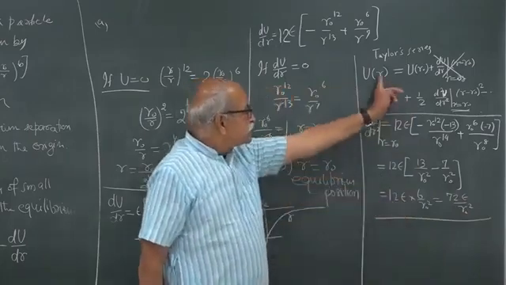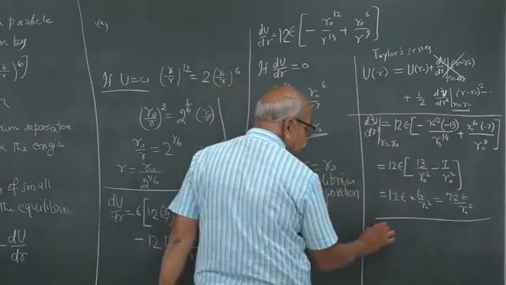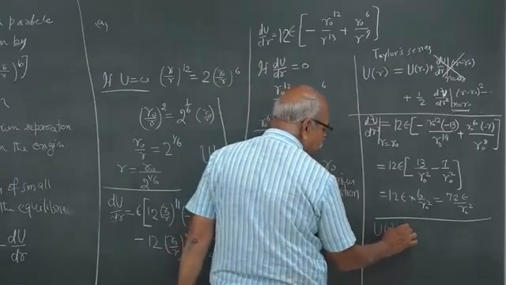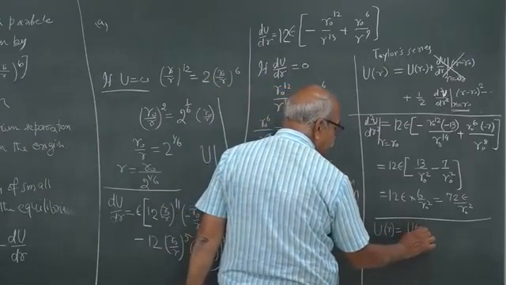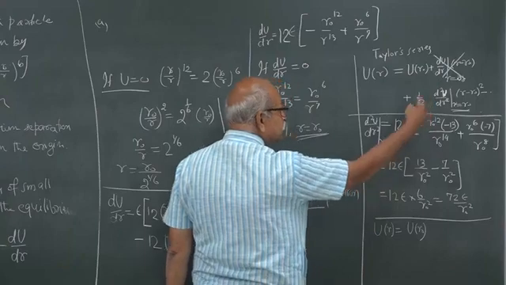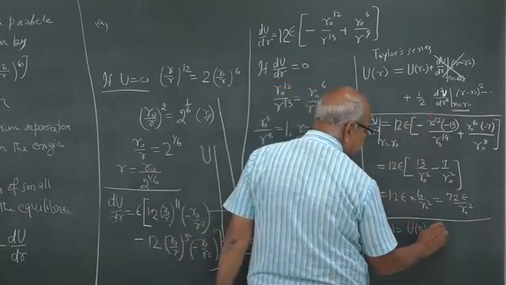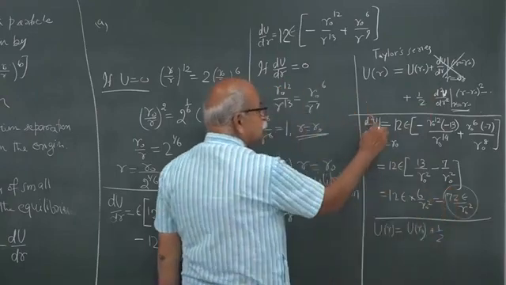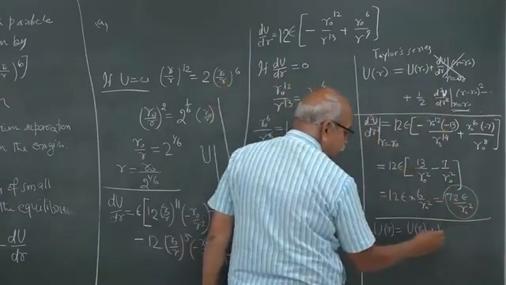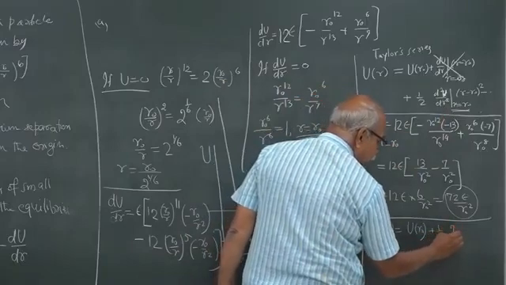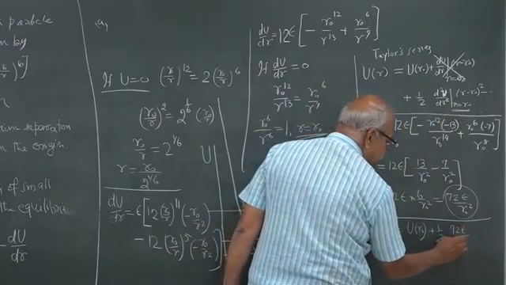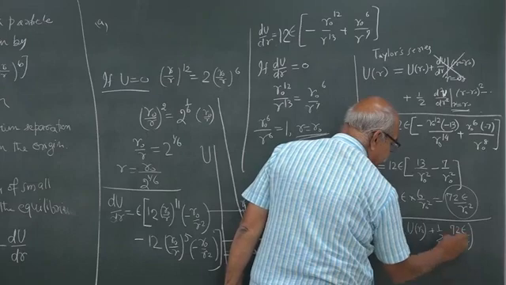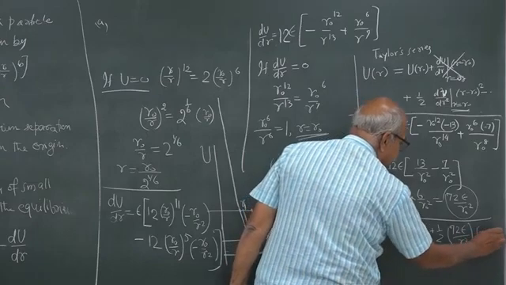Now, look at this term: u of r is equal to u of r naught plus half of this quantity, d2u dr square at r equal to r naught. So, that is 72 epsilon divided by r naught square and then r minus r naught square.